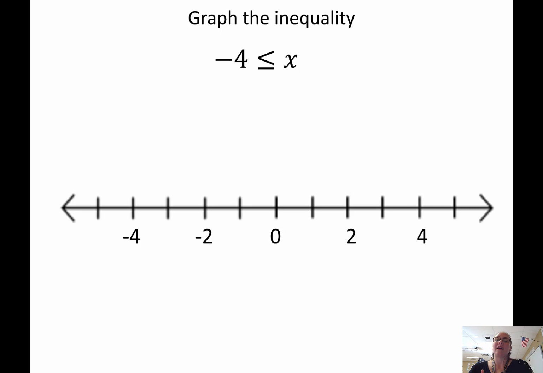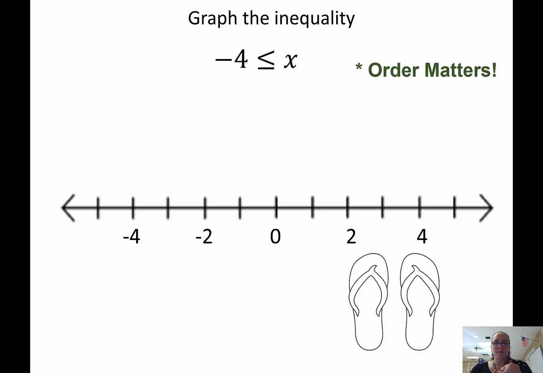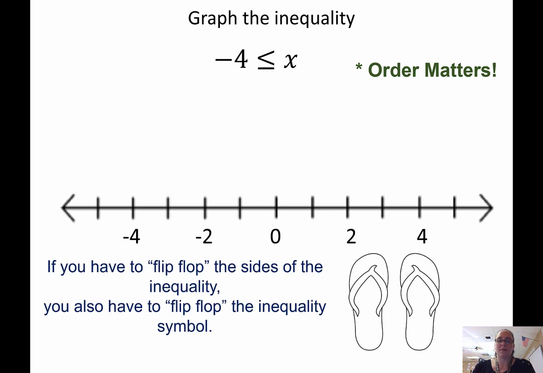Now I've got -4 less than or equal to x. So remember we talked about telling which way to shade is only dependent upon if x is on the left side. So I need to flip-flop this because order does matter. So I'm going to flip-flop this so that I've got x is greater than.